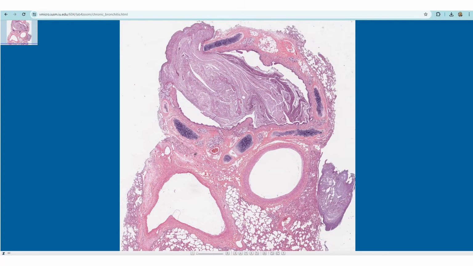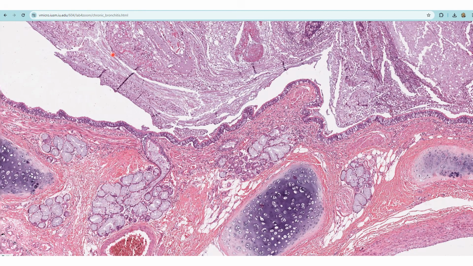The next one is chronic bronchitis. This is almost similar to bronchial asthma. Most prominently, you can see there's hypertrophy and hyperplasia of the serous gland, and you can also see lymphocyte infiltrates. Similarly to asthma, you can also see a mucus plug inside the lumen of the airway.